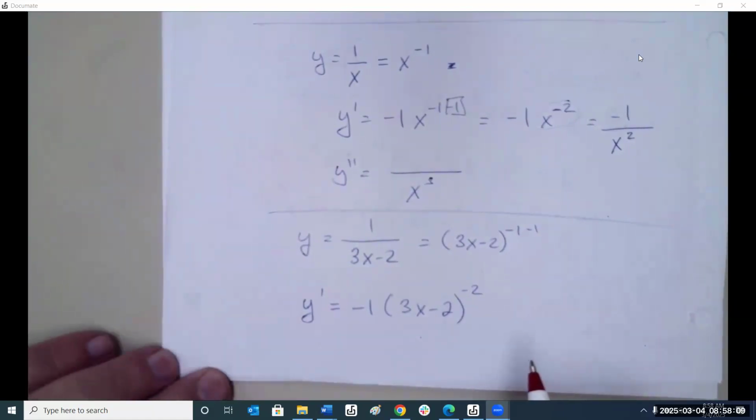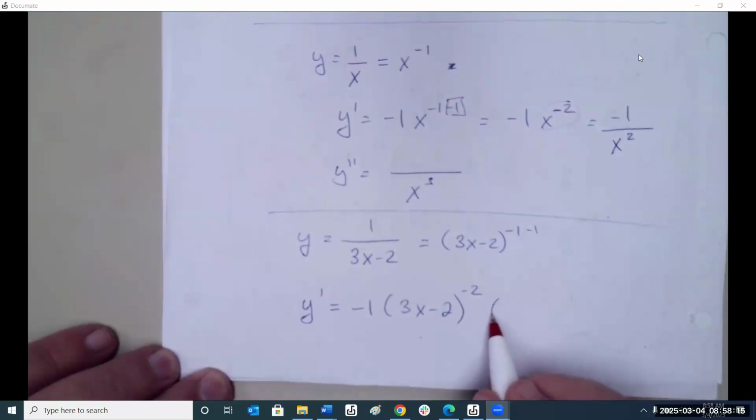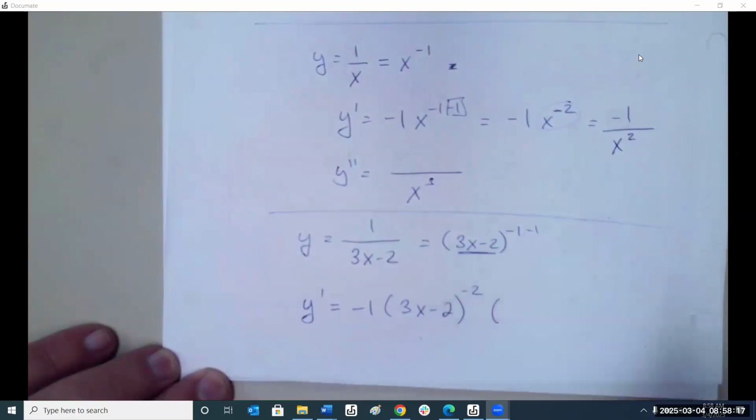And then what? Now we've got to take the derivative of the inside, which is just 3.